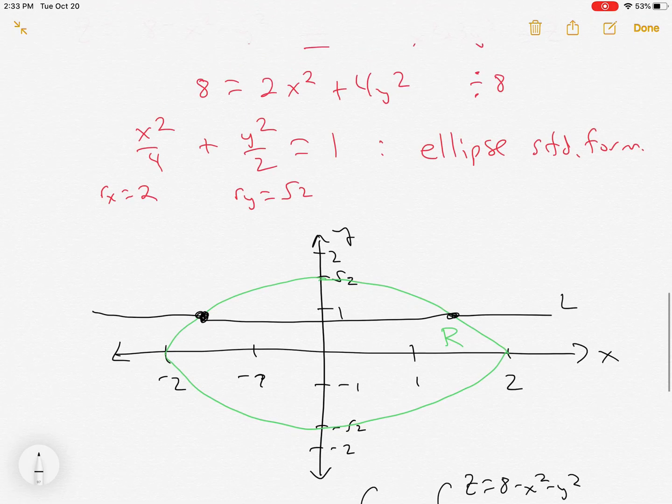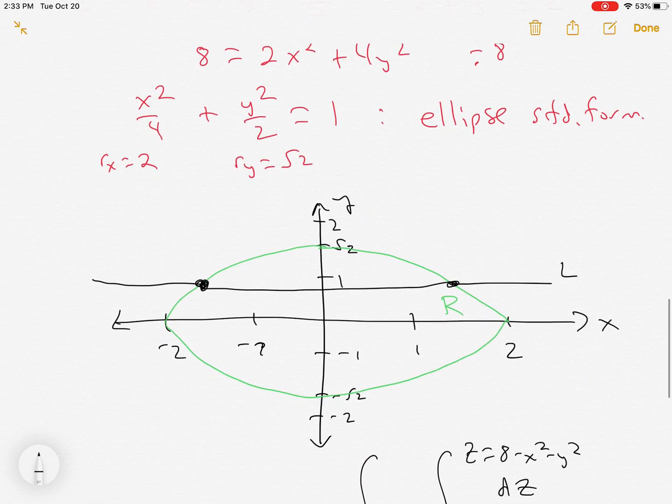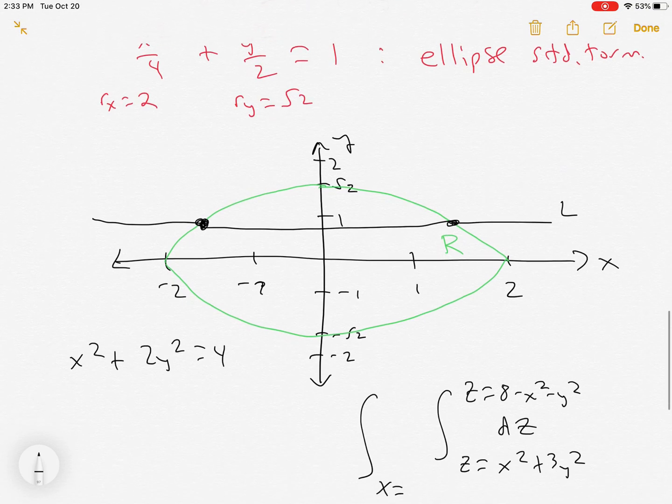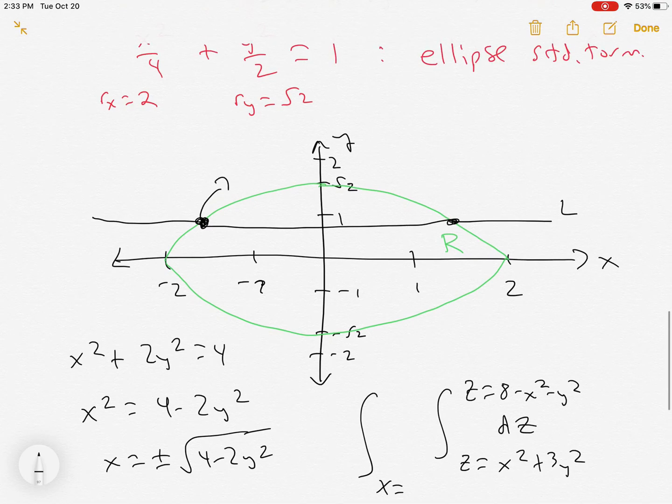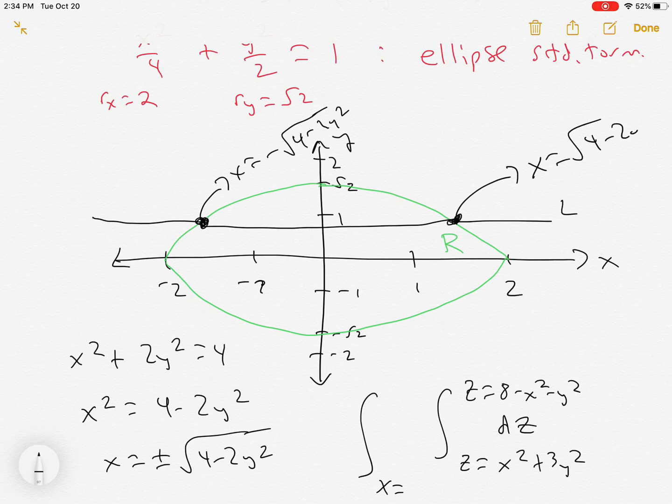Oh, we have x squared plus 2y squared equals 4. So x equals plus or minus the square root of 4 minus 2y squared. So here's my lower bound. X equals minus the square root of 4 minus 2y squared. And here's my upper bound. X equals positive the square root of 4 minus 2y squared.